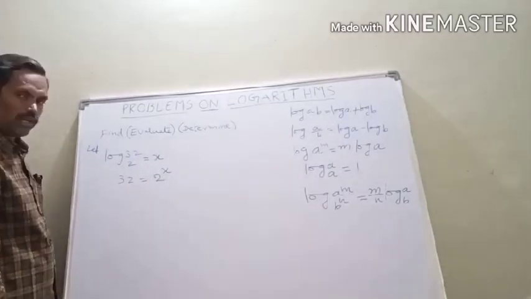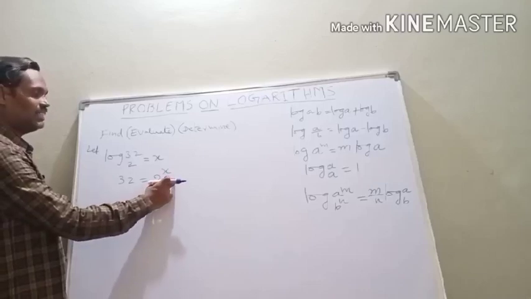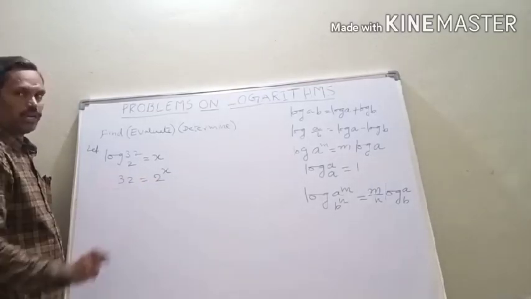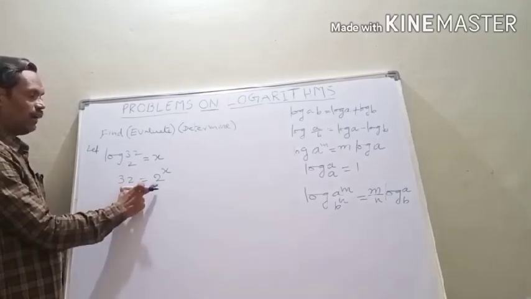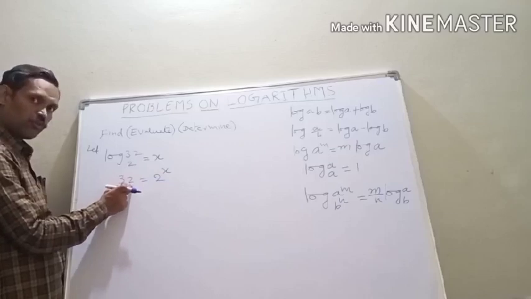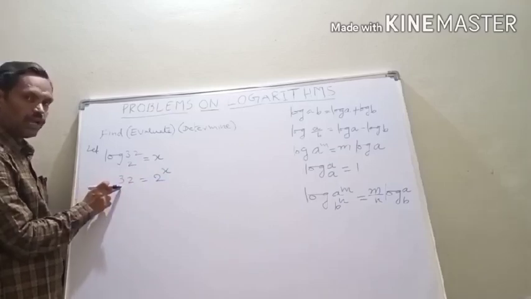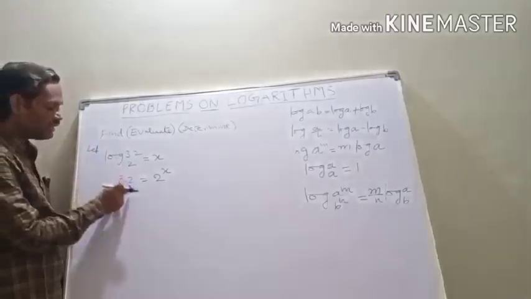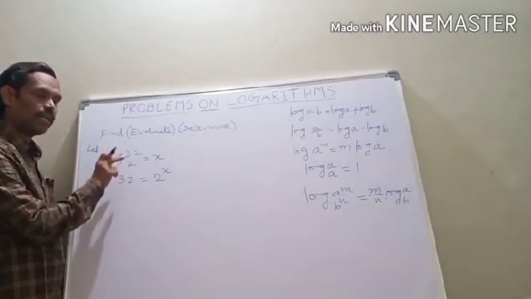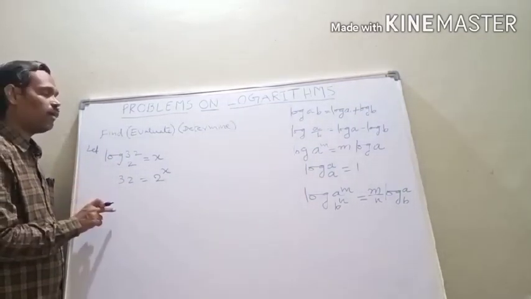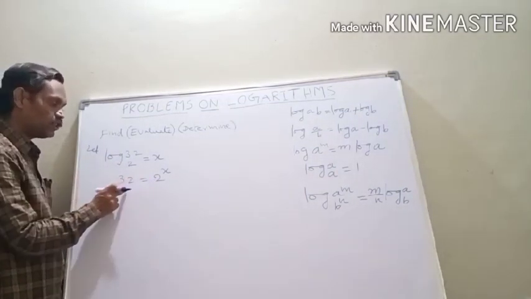If you observe carefully, the RHS is an exponent form, whereas the LHS is a numerical. This numerical value also can be written as exponent form. This 32 also can be written as exponent form, especially with base 2.